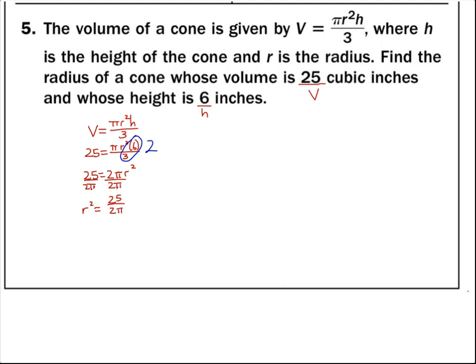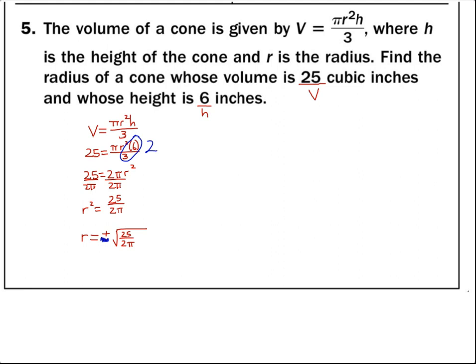That's almost great. We're not quite there. We need the radius, though. So the radius equals, and here we have square root 25 over 2 pi. Now, everything else in this section should have trained you to write plus or minus in front because it's an even root. However, since this is a real-world style problem, the radius can't possibly be a negative number.